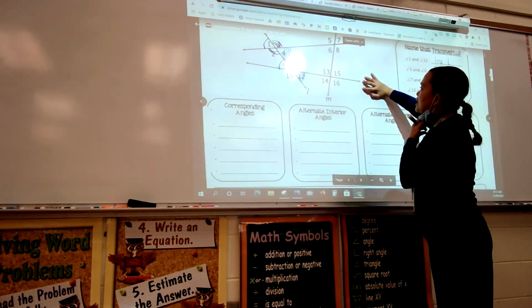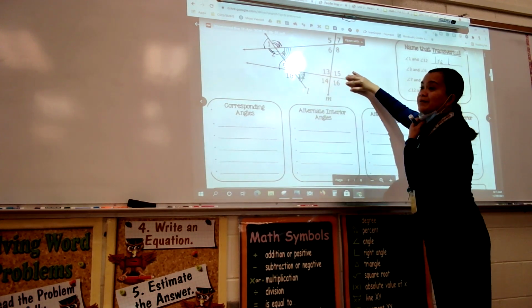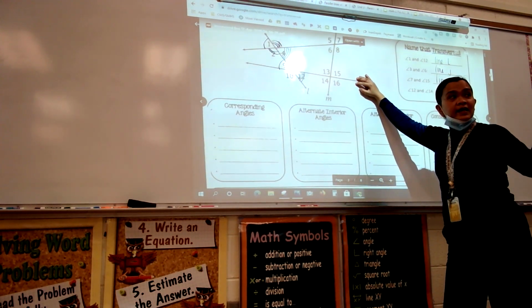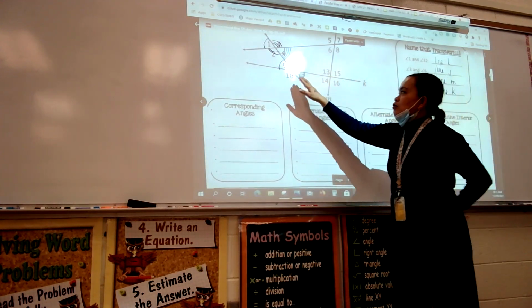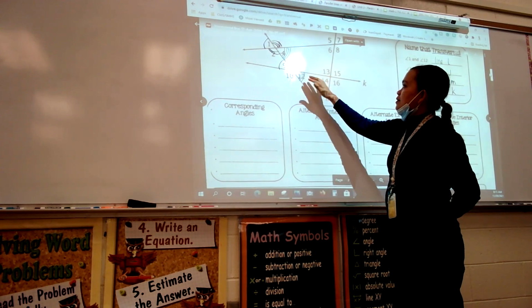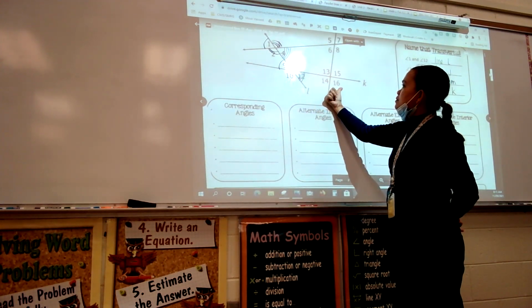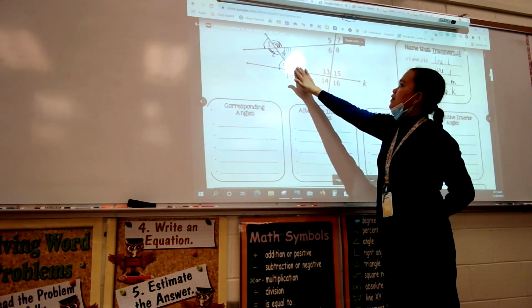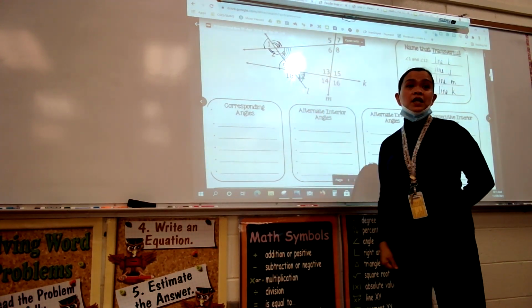Now, can I find another corresponding angle in line K? Is there any corresponding in line K? Yes. Those are 10 and 14, 12 and 16, 9 and 13, 11 and 15.